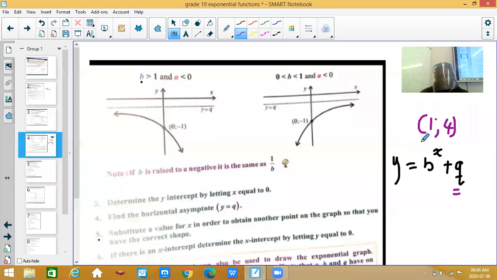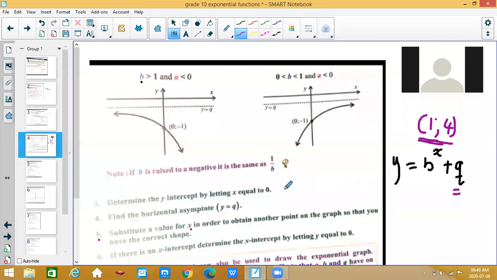It can be any point: 1, 4, or 5, 4, or whatever, it is the one that you take. You remember when we looked at the hyperbolic functions, you were given a point, and then you used that point to substitute into the general formula, right? Are you following?